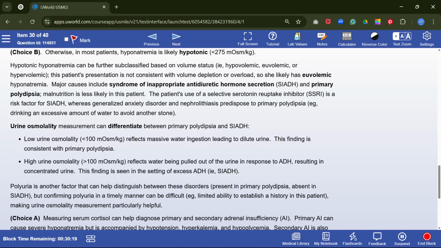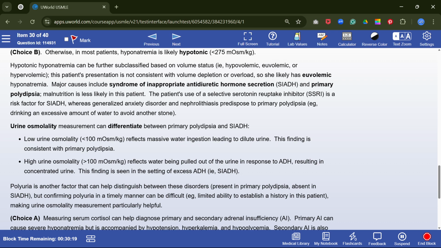High urine osmolarity means water is being pulled out to the urine in response to ADH, resulting in concentrated urine. This finding is seen in excess ADH, SIADH.